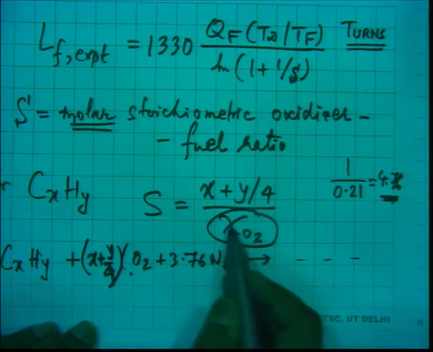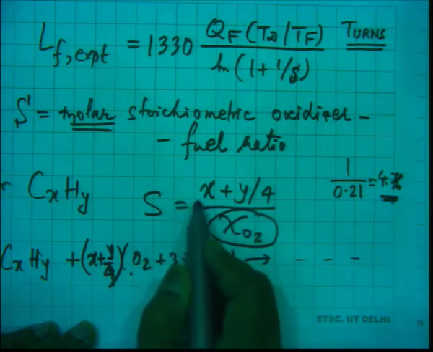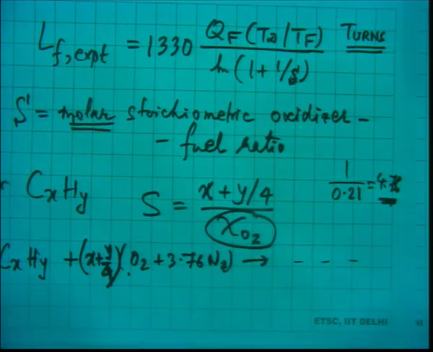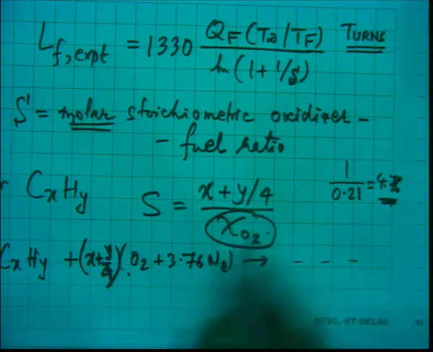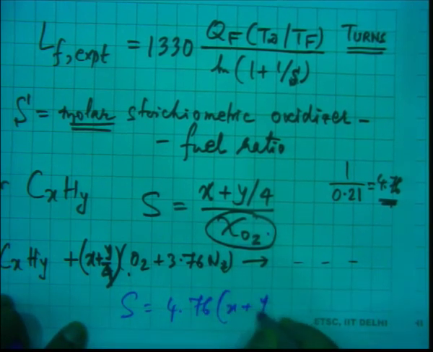So, this 1 over chi O2 makes sure that you get 4.76 if your chi O2 is 0.21, correct. If this is 0.21, then what is S? S is 4.76 times x plus y by 4.